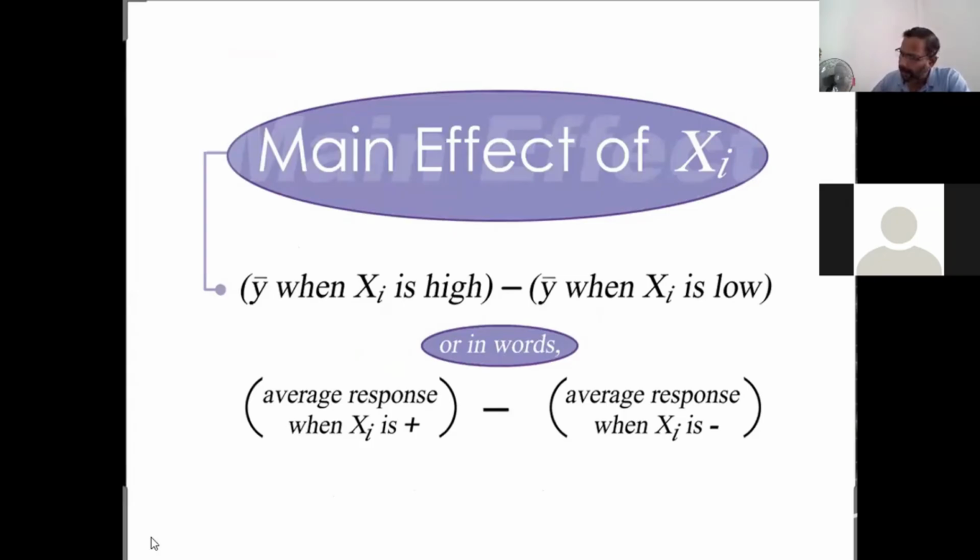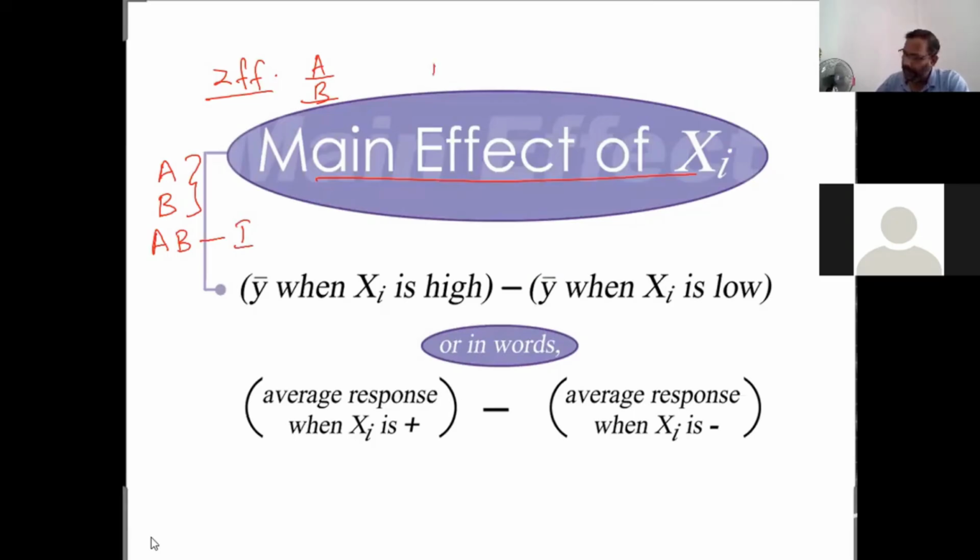Suppose you have a 2-factor factorial, where A and B are the 2 factors, which are called main effects. Then the combination of these 2 factors is called interaction.